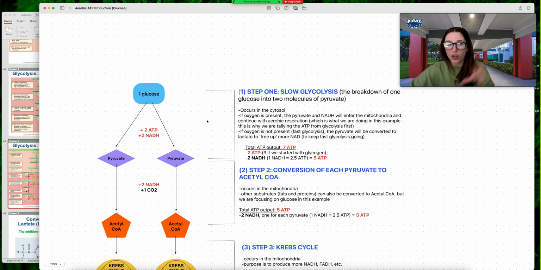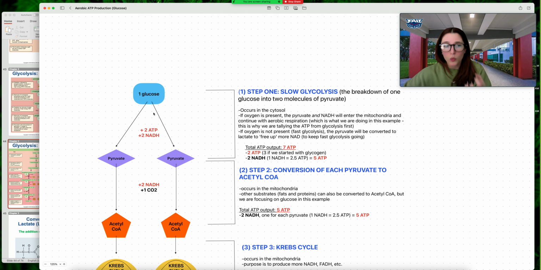So in our step 1, glycolysis, what's going on here? Well, first of all, just as a side note, this is occurring in the cytosol. You want to know where things are occurring. So glycolysis happens in the cytosol.